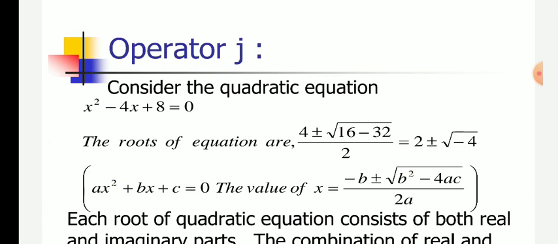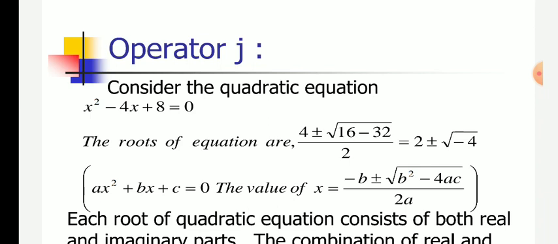Before going to operator j, I will define three types of numbers. The first one is real number, the second is imaginary number, and the third is complex number. The complex number is the combination of real and imaginary numbers.